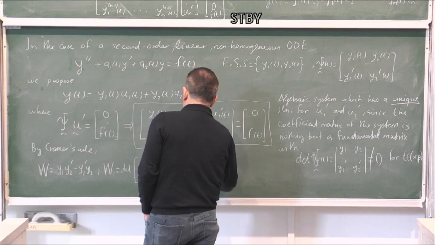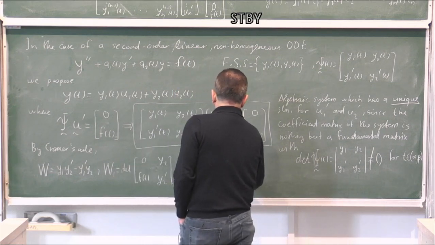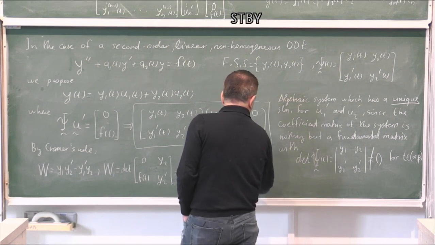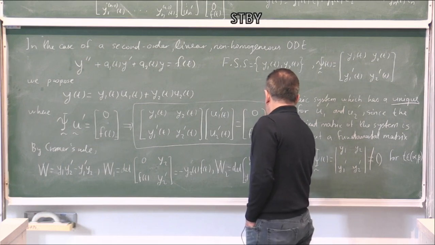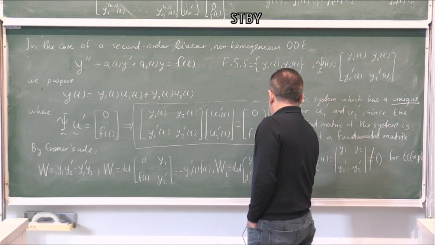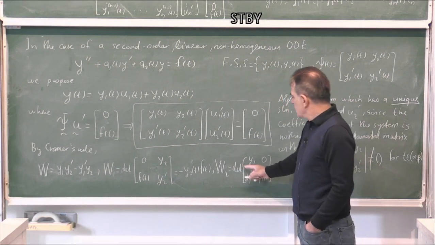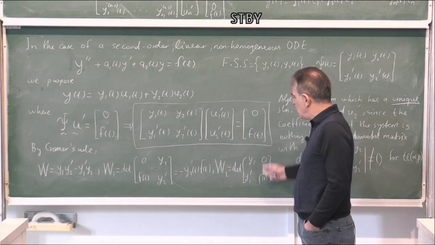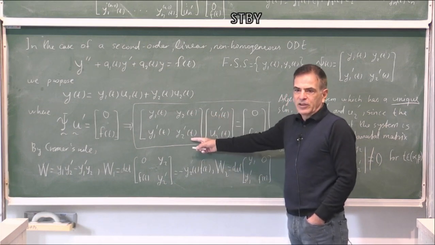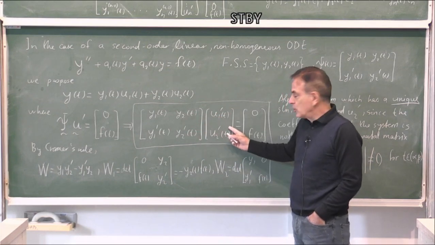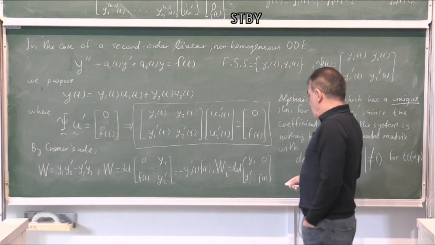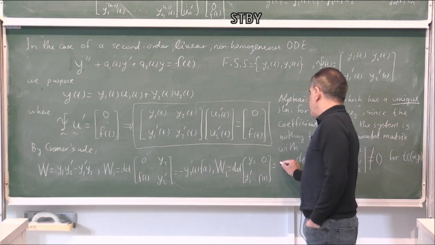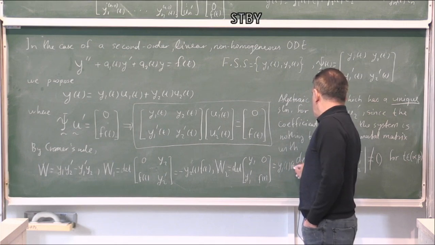f of t, and omega 2 is the determinant of this matrix. Which matrix? y1, y1 prime, 0, f of t. So omega 2 is the determinant of the matrix where the second column of the fundamental matrix, which is the coefficient matrix in this algebraic system, has been replaced by the right-hand side vector function, which is simply y1 times f of t.